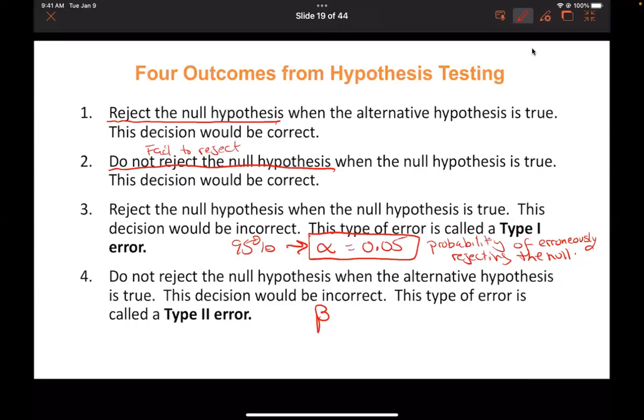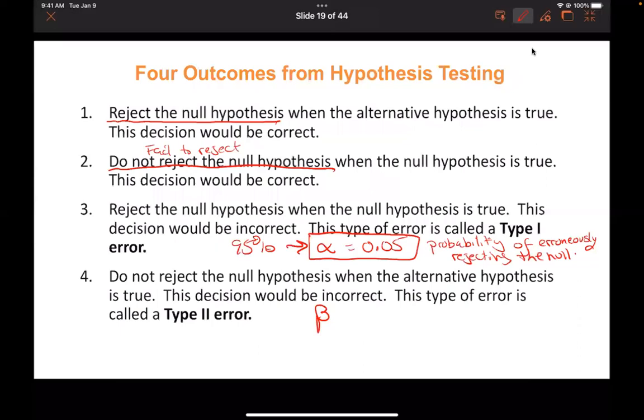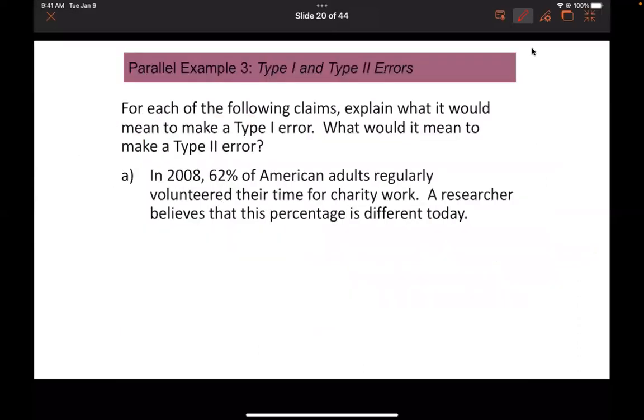All right. So let's talk about what these errors would look like. In 2008, 62% of American adults regularly volunteered for charity work. A researcher believes that this percent is different today. A type 1 error, remember, is rejecting when you shouldn't. So if I took a sample and 62% of that sample volunteered their time regularly for charity work, but I said that the null was rejected, then that would be a type 1 error.